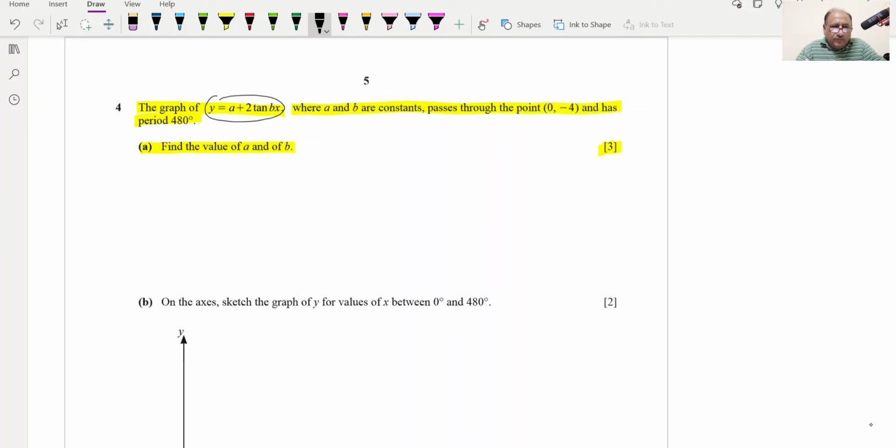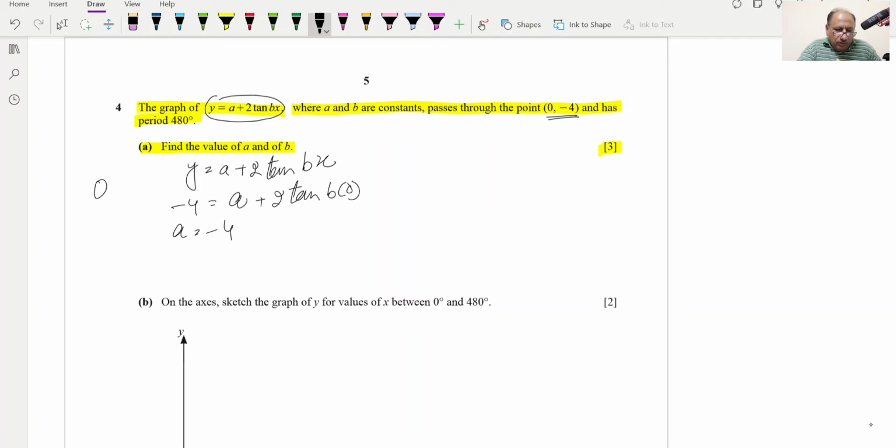Okay, so what we can do, we can write on this equation, y is equal to a plus 2 tan bx. So y value, if we replace this point in this equation, so y is minus 4, so minus 4 is equal to a value plus 2 tan of this will be b into 0, so tan 0 will be 0, so a will be equal to minus 4.